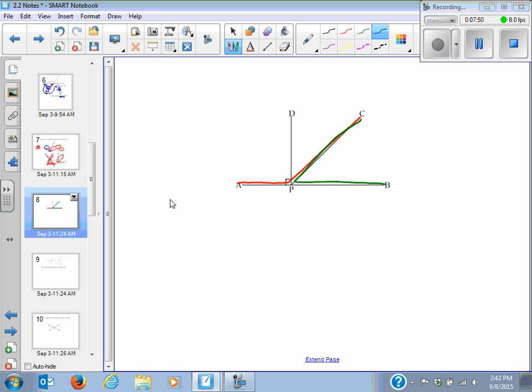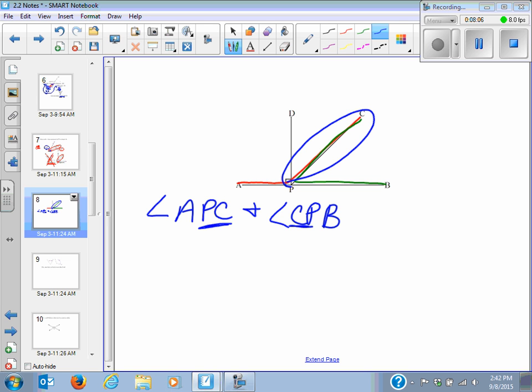And so that would be angle APC and angle CPB. Again, notice where I'm leaving off is where I'm starting at. So this is their common side that they share. And those angles are supplementary, and they are adjacent because they are sharing that common side.